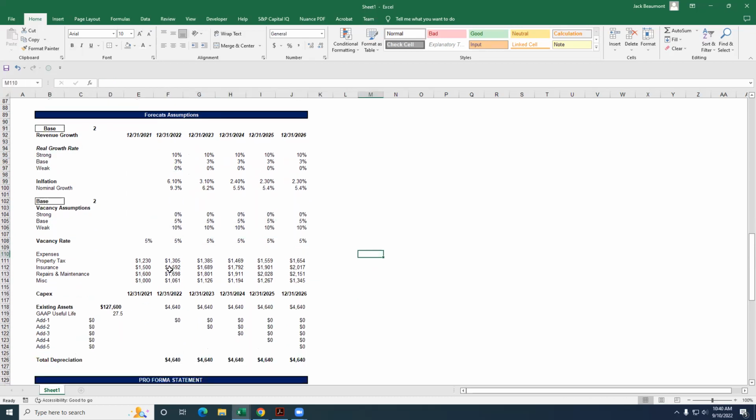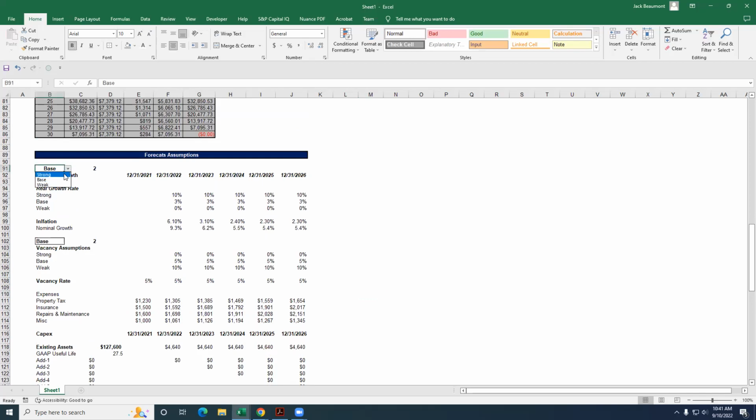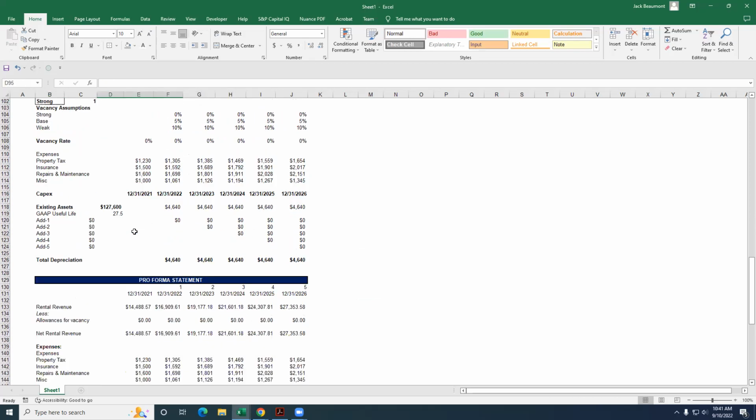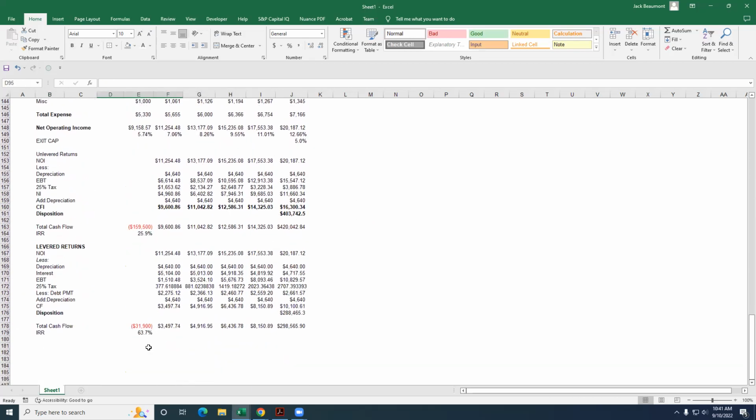Because as you can see, if it's strong, meaning low vacancy and high growth rate, our returns are 60%. Over here it was 10%, I think, with weak growth and a weak vacancy. So that's part one of this unit.